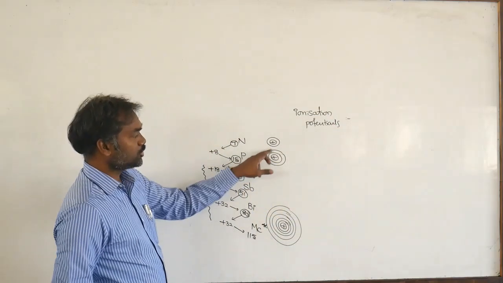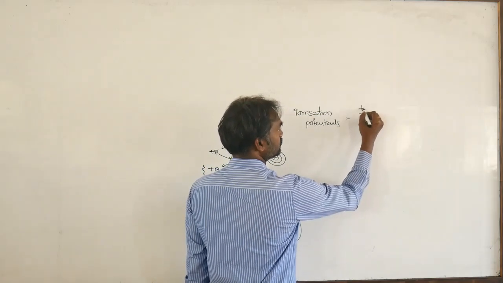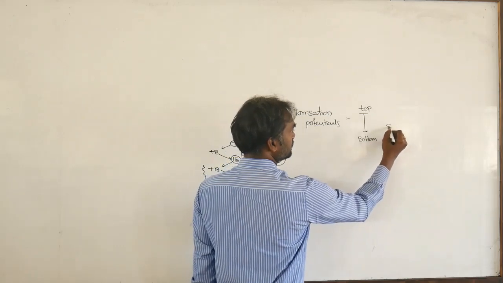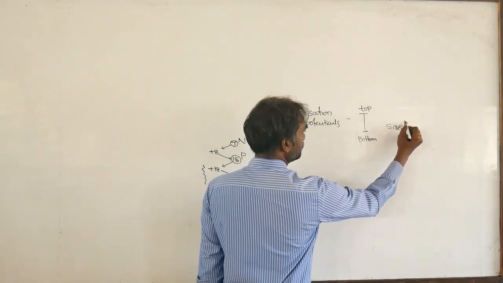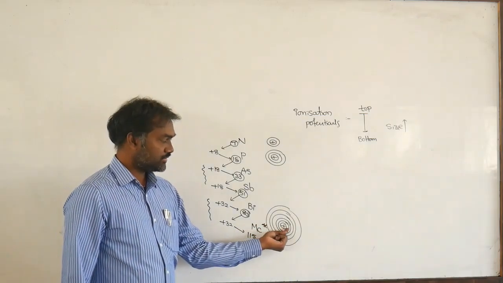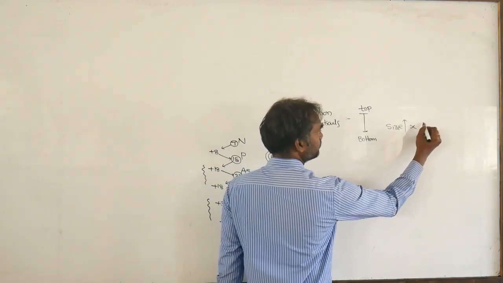See, so top to bottom, size increases. So size increases means what? The distance between nucleus and last electron increases.